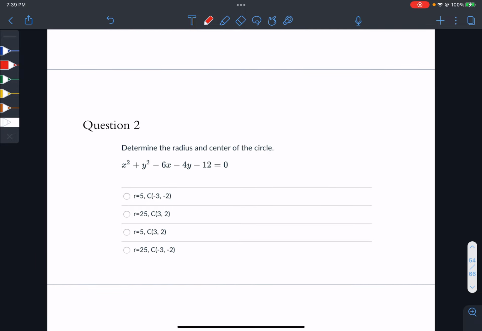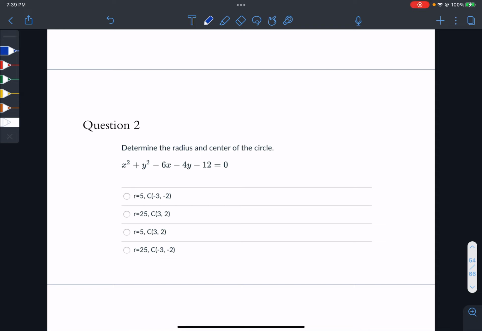Okay, next. Determine the radius and center of the circle. So when finding the radius, given ka ng equation, we always perform completing the square, para makuha mo lang yung radius as well as the center of the circle.